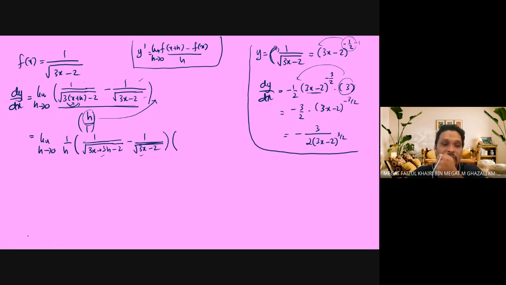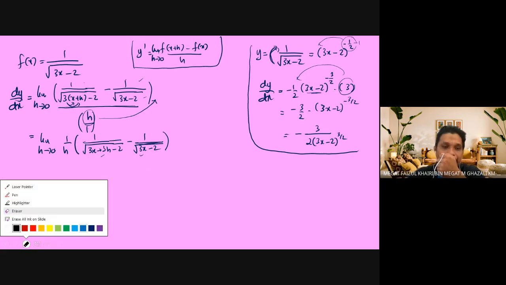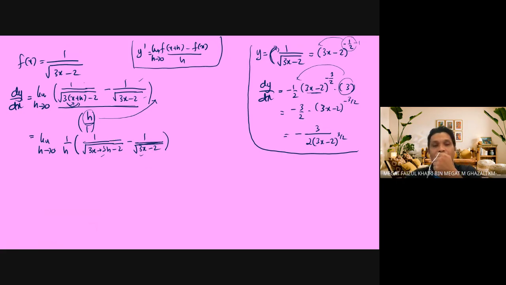No. Before using conjugate for this question here, we are going to simplify between these two fractions: 1 over square root of a minus 1 over square root of b. Okay, we are going to equalize the denominator. Equalize denominator meaning is square root of a multiplied with square root of b, square root of b multiplied with square root of a.